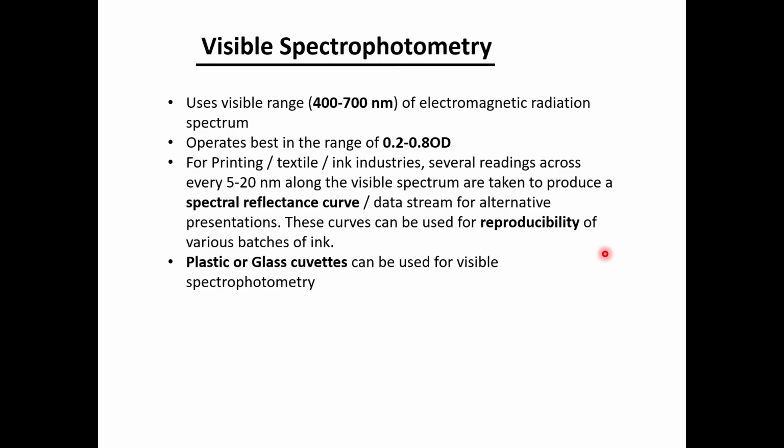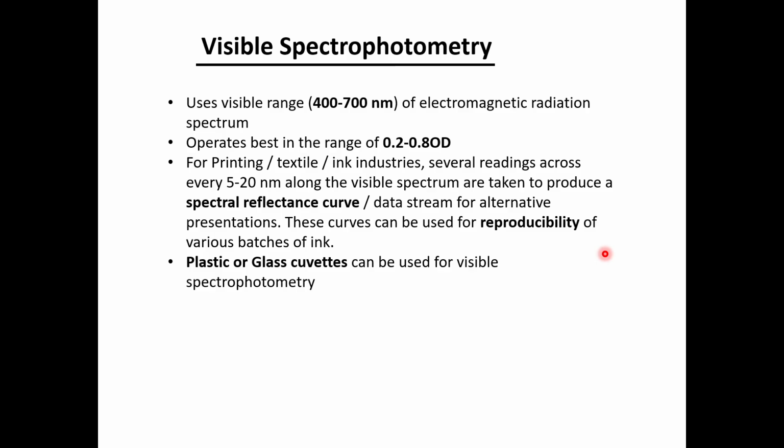Another one is visible spectrophotometry. It uses the visible range, which is from 400 to 700 nanometers of electromagnetic radiation, and operates best in the range of 0.2 to 0.8 optical density. It is used for printing, textile, and ink industries.